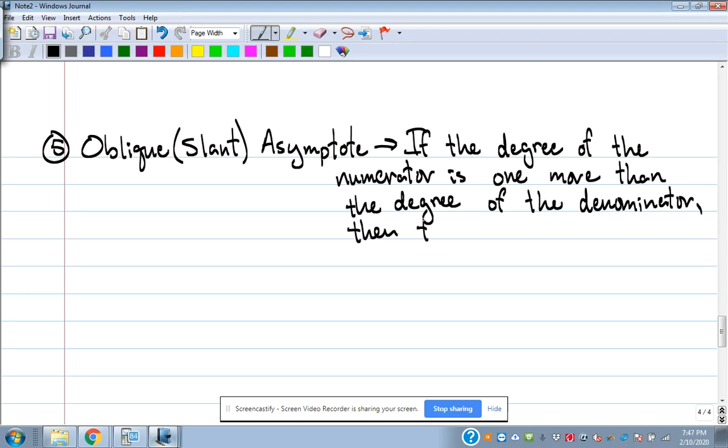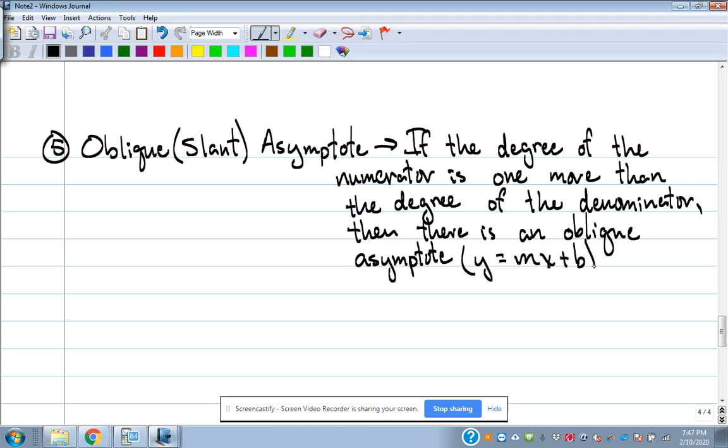Then there is an oblique asymptote. It will have the form y equals mx plus b.